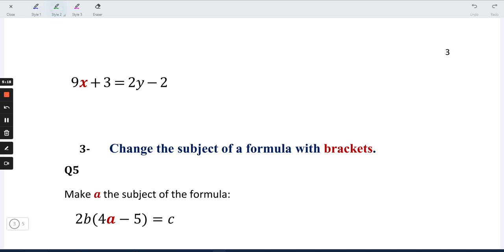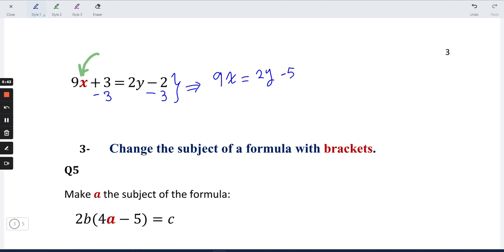Our target is to reach x, so we have to cancel the 3 and also cancel 9. So the first step is to subtract 3 from both sides. This is the first step, and we will get 9x equals 2y minus 2, and minus 3 is minus 5.